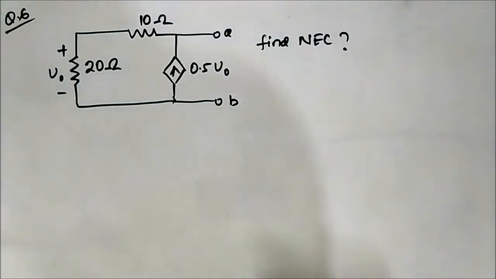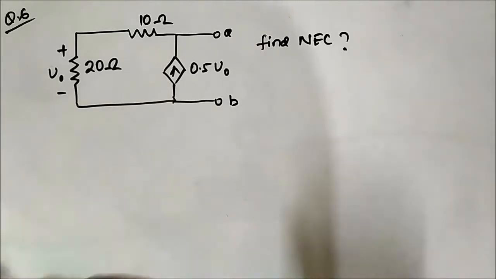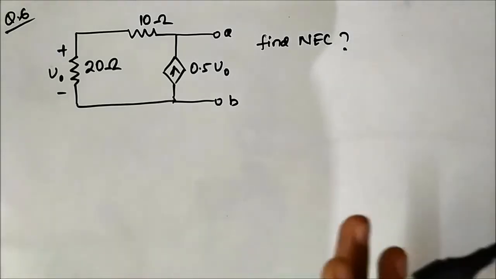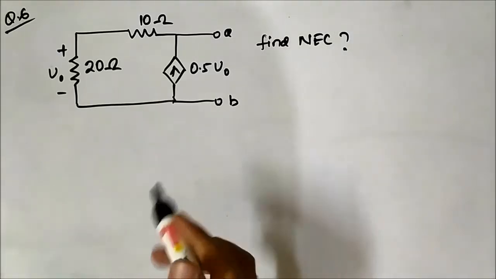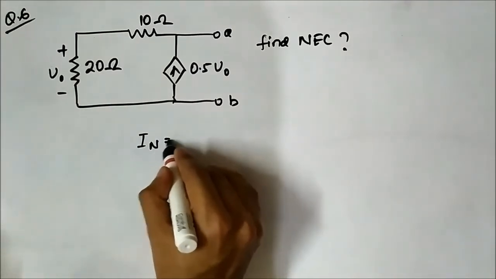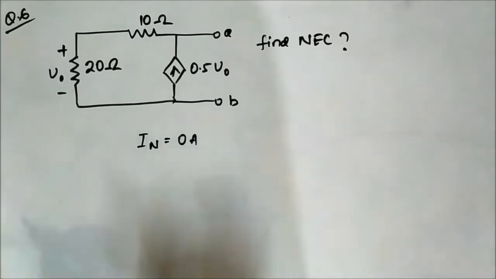Okay, so here there is an interesting thing: this circuit does not contain any independent source, any independent voltage source or any independent current source. No independent source at all. So in that case the Norton current will be 0 ampere.